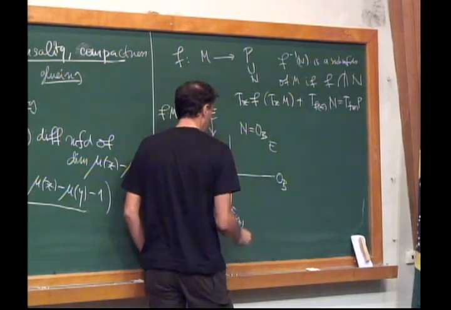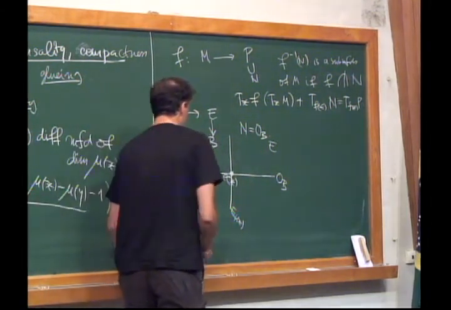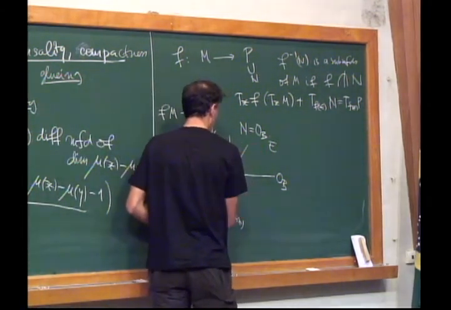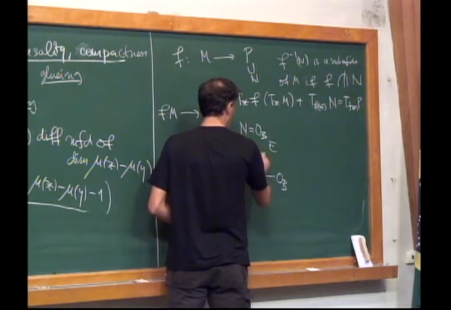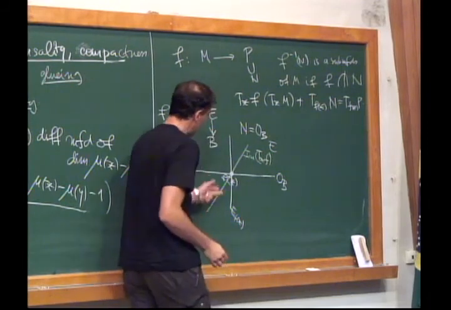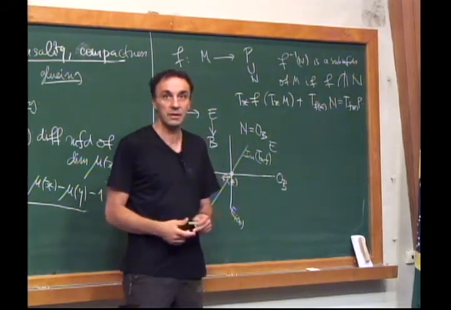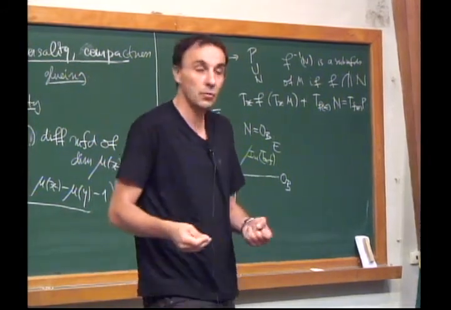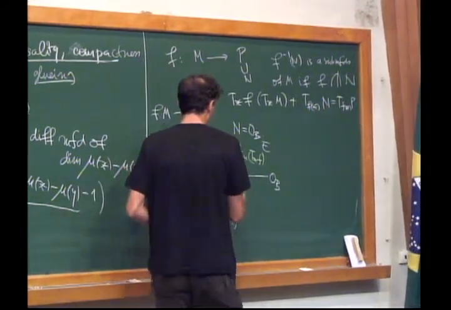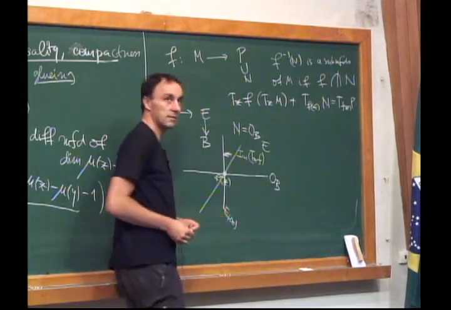E_F(x), and here you have the image of T_xF, and you want to have this image transverse to this zero section 0_B. So what you have to prove then is that this projection here is surjective.